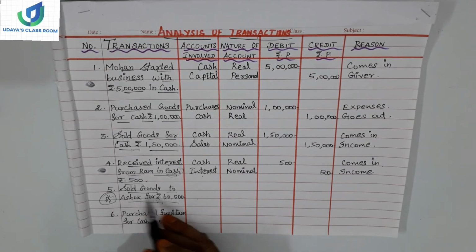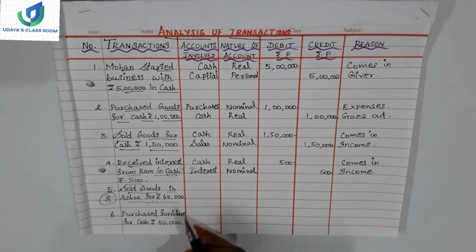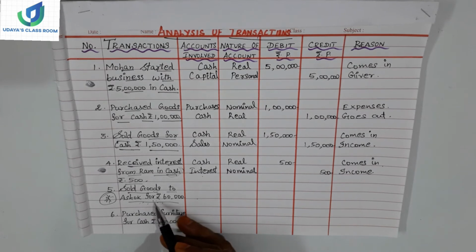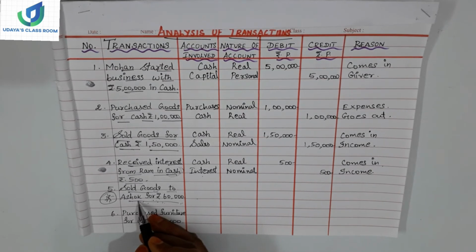So while reading the transaction itself, we should be very clear whether it is a credit transaction or cash transaction. So, sold goods to Ashok. It is a credit transaction because the term cash is not coming in this transaction.